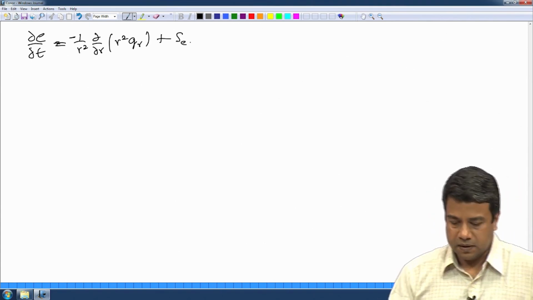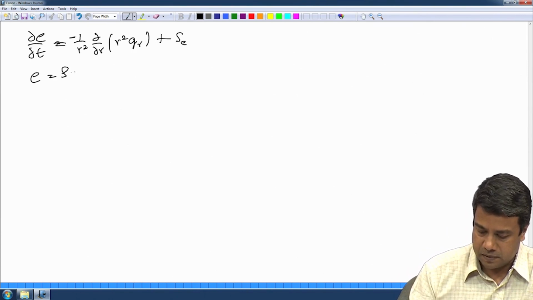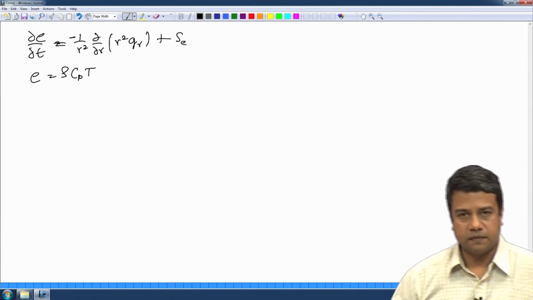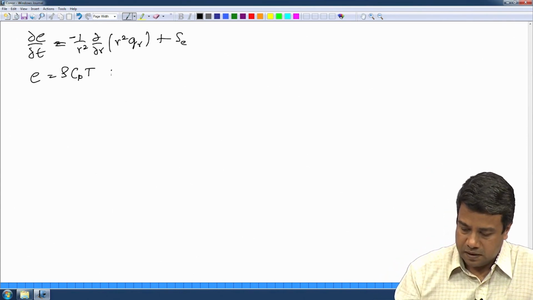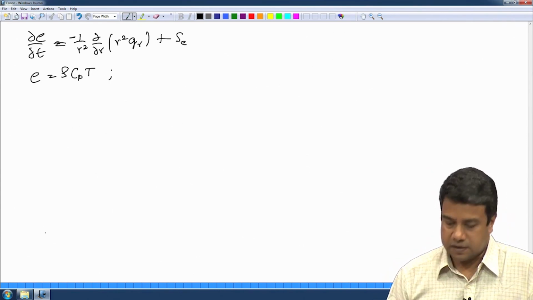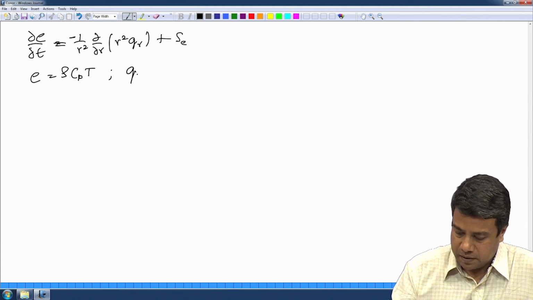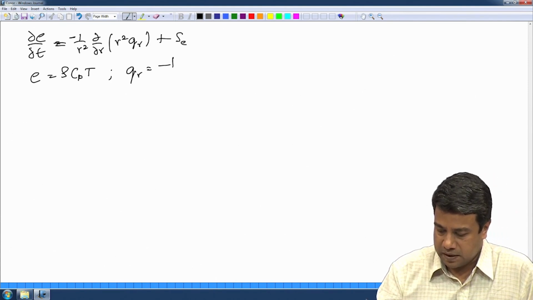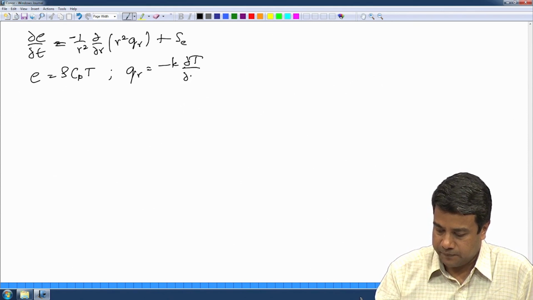E I can write as rho Cp times T if it is at constant pressure, and Fourier's law for heat conduction, q_r is equal to minus K times dT by dr.